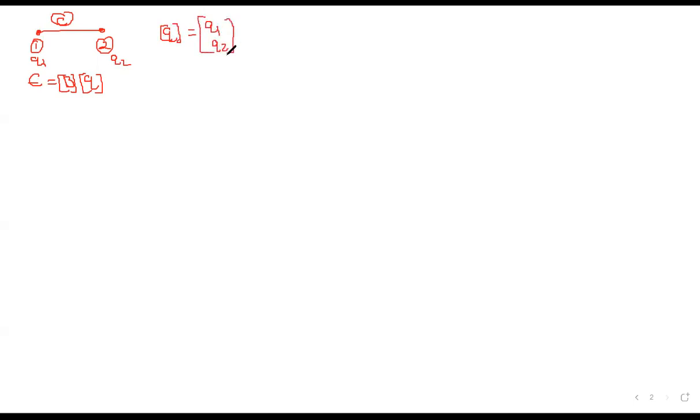Similarly, from the previous slide, the B matrix is equal to minus 1 by LE, 1 by LE, where LE is the length of the element. Using this matrix, I would like to find the stiffness matrix.